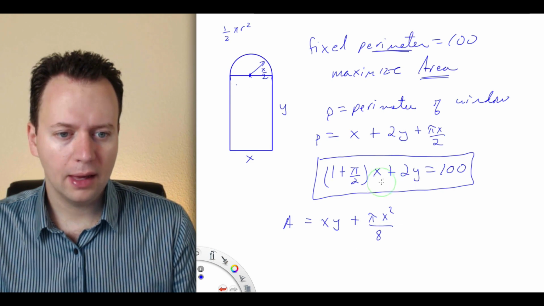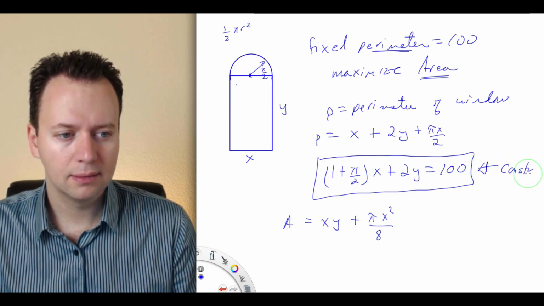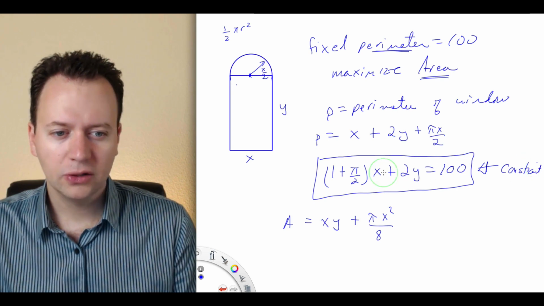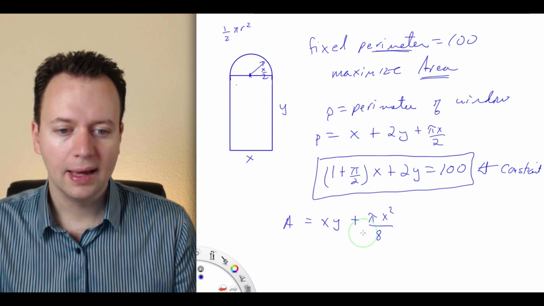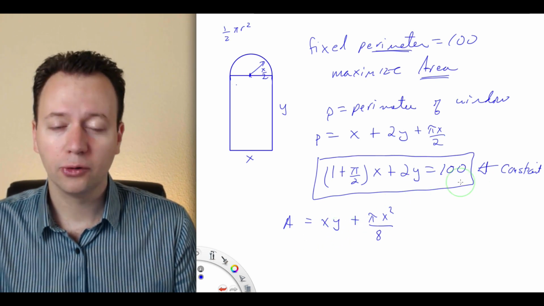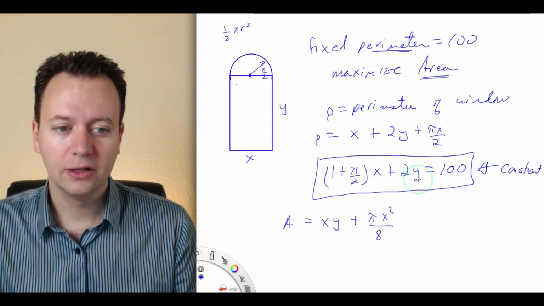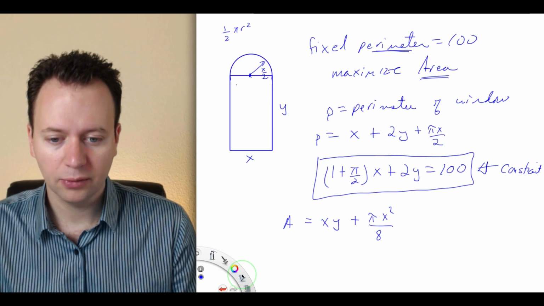So from the perimeter equation, which gives us our constraint, x and y kind of appear equally. It's no more difficult to solve for x than it is for y. Now in our area equation, y only shows up once, so let's solve the perimeter equation for y. So we have y as a function of x, and then it makes substituting into the area equation a little bit simpler.